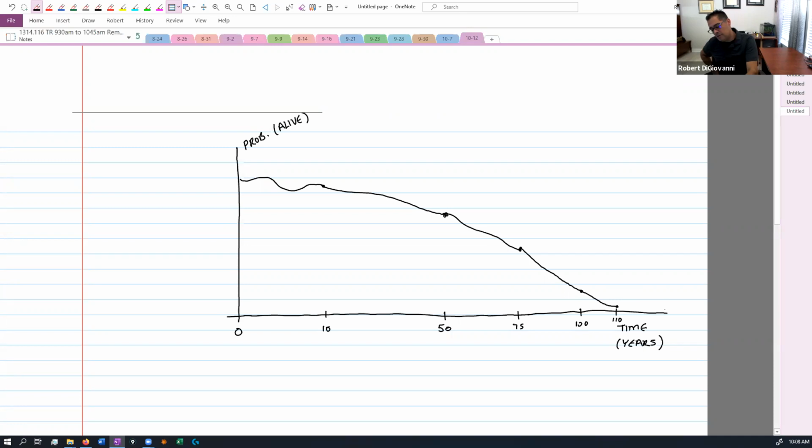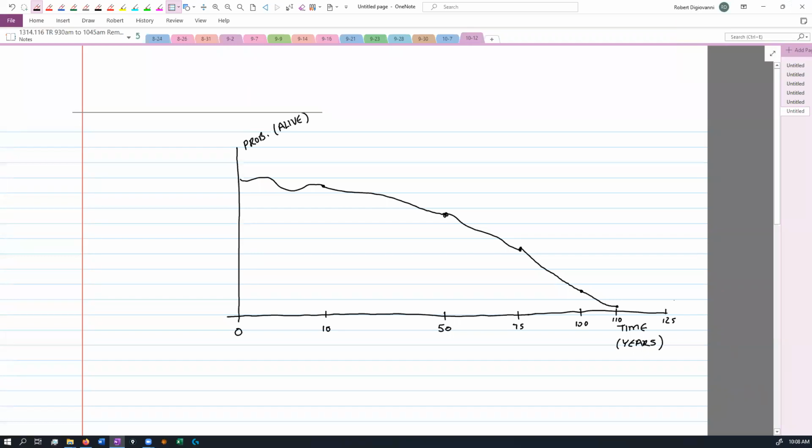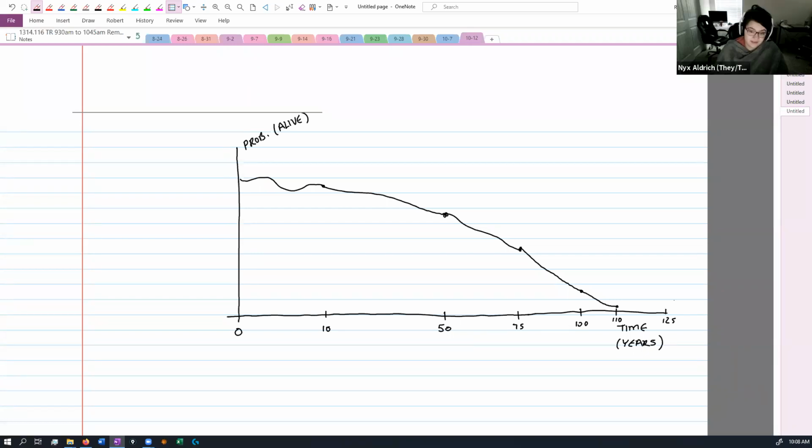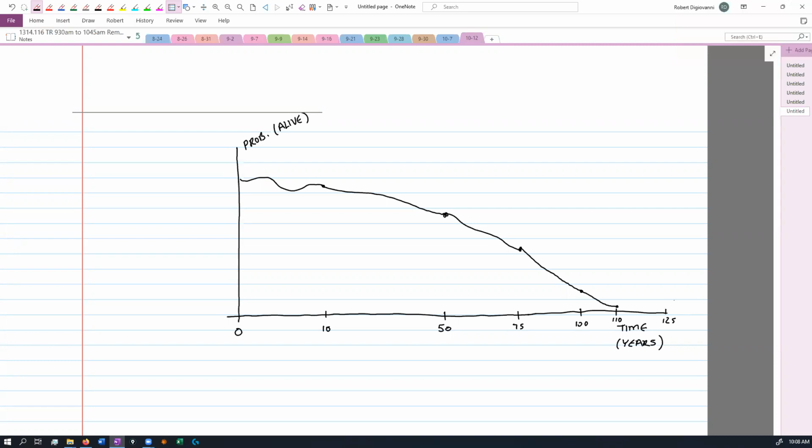125. What do you think? No chance? There could be a very, very slight chance. I think very, like 1 in a million or something. Isn't that like the world record for the oldest person? I'm not sure what the world record is, but we're starting to get closer to and past that world record. So I have the same question for you.